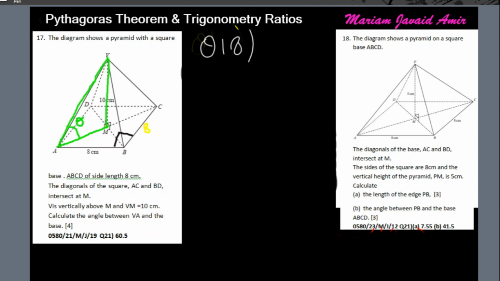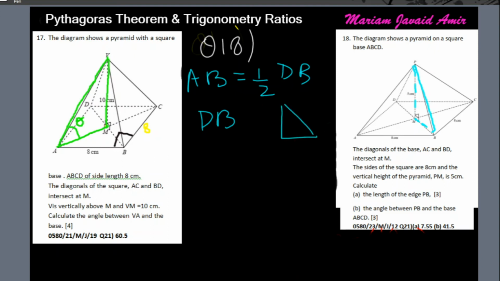So we need, in fact, the length of edge P to B. I have this length which is 5 and I just need length MB, and notice MB again is half of DB, and DB can be found using Pythagoras theorem on these two lengths.